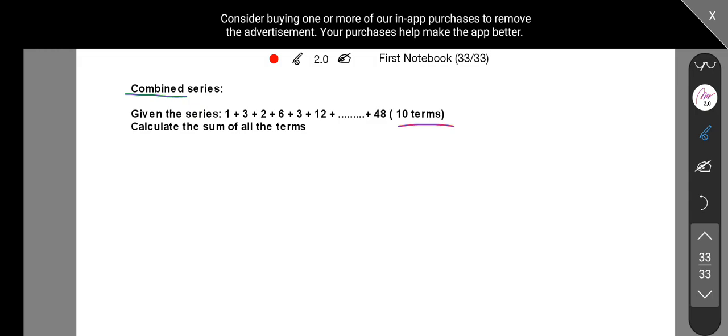So there's something important I want to highlight in this lesson. If they've given you the number of terms which they are adding, an examiner will give you.